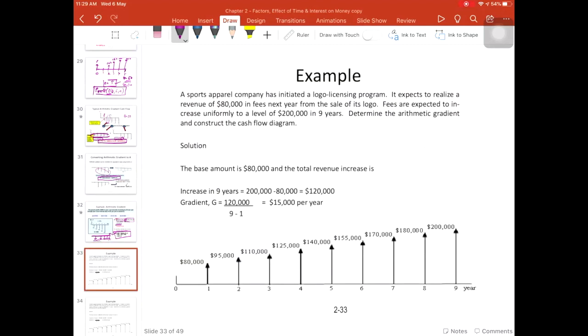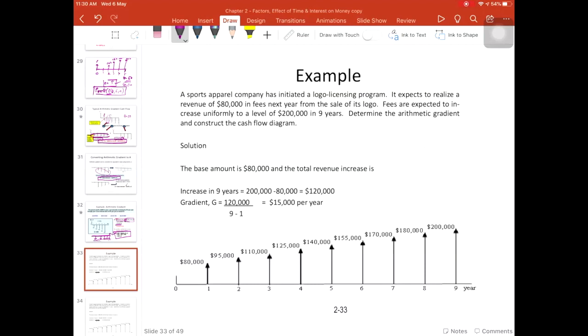So, this one is an example. A sport opera company has initiated a long licensing program expected to realize a revenue of 80,000 ringgit in fees next year from the sale of its logo. That means the sale is year 1, because now it's year 0. Fees are expected to increase uniformly to a level of 200,000 ringgit in 9 years.